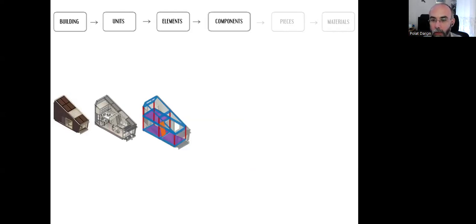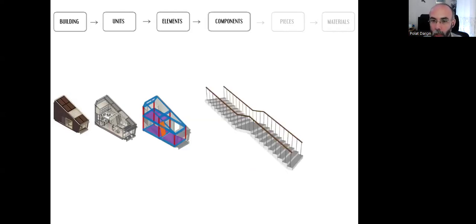Okay, let's take a look at the components. This is a typical staircase, and we can see different parts. First of all, the basic component of a stair is the step. In Turkish, we call it basamak, and there are two surfaces for a step.